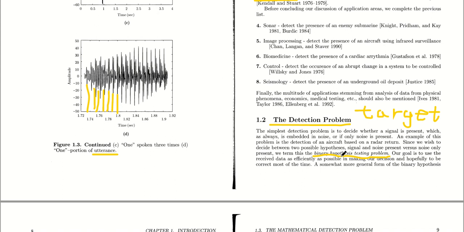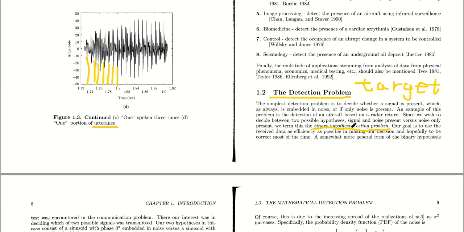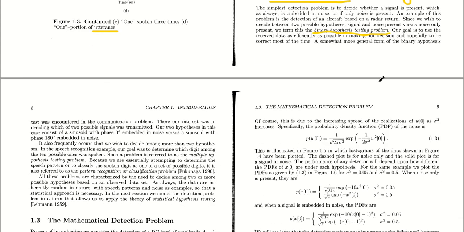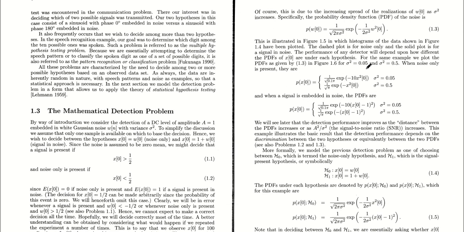So that is called hypothesis test, but a binary version. Of course, then it can always be generalized to multiple hypotheses, more than two. But currently, we talk about two hypotheses.